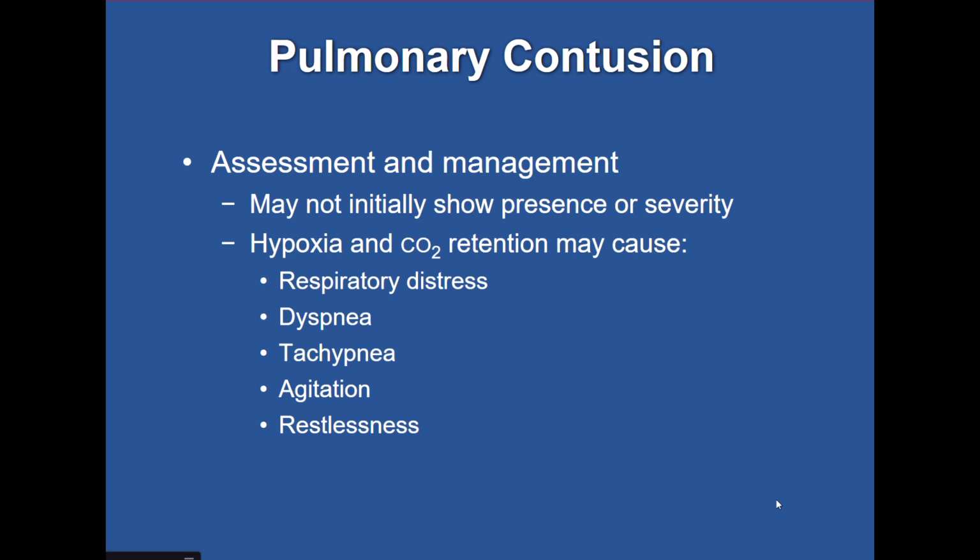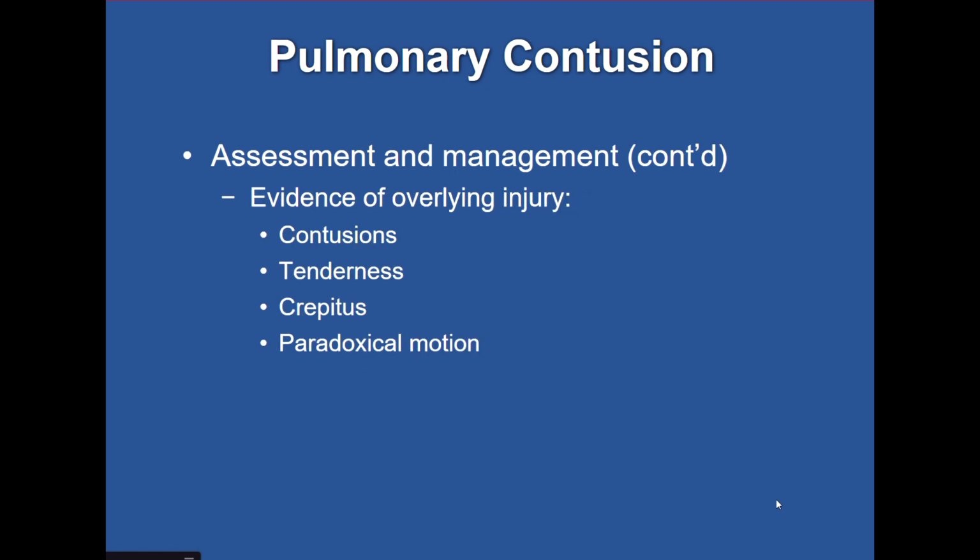So, they got hit with a baseball bat, but you don't see or feel any broken ribs, but they're having these issues, and I have relatively good lung sounds, or I hear wheezing or crackling as that area starts to fill, as that edema sets in, as opposed to just completely diminished, then I would suspect more of a pulmonary contusion.